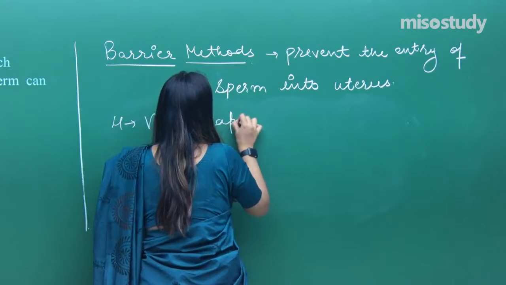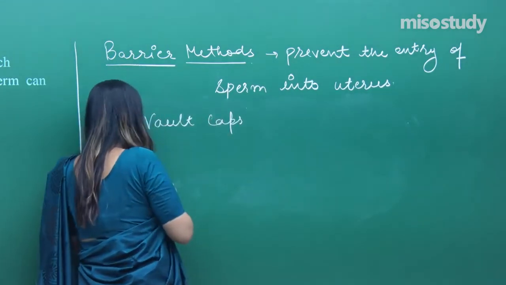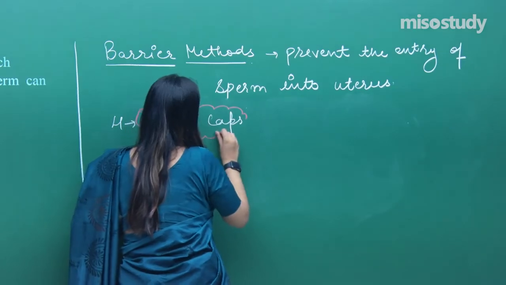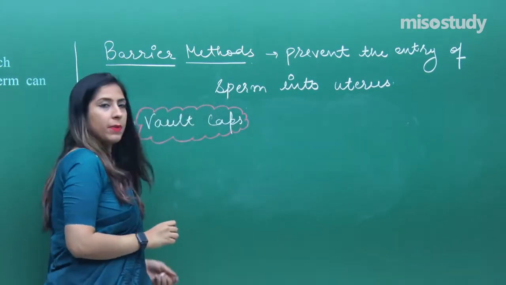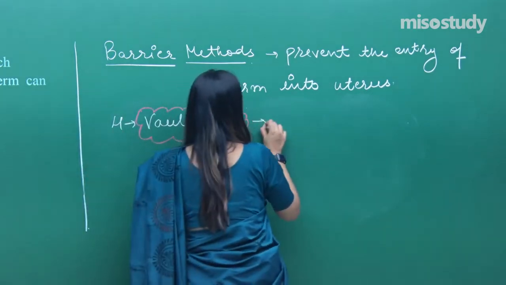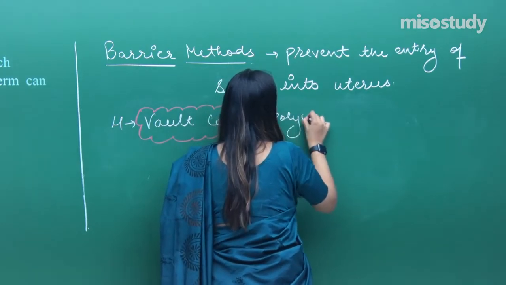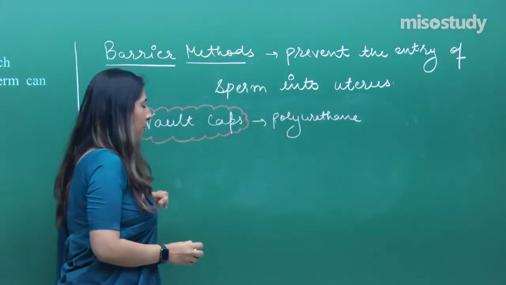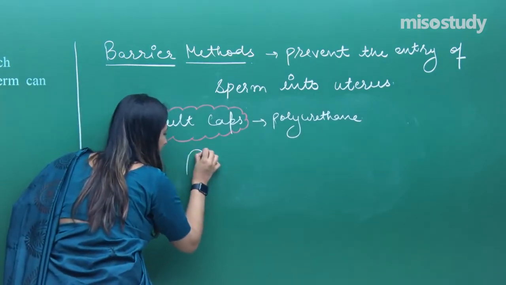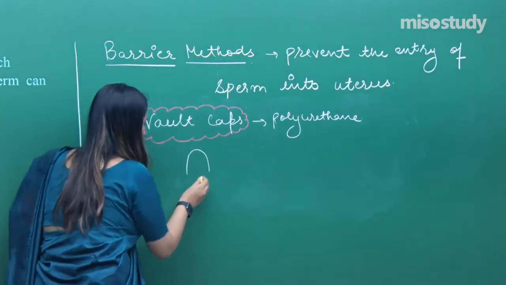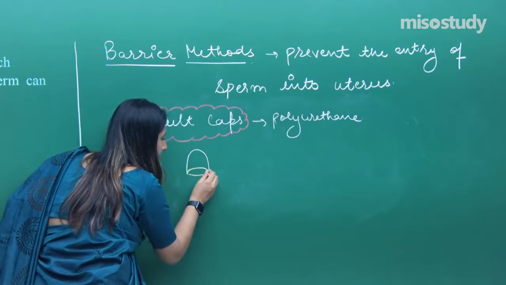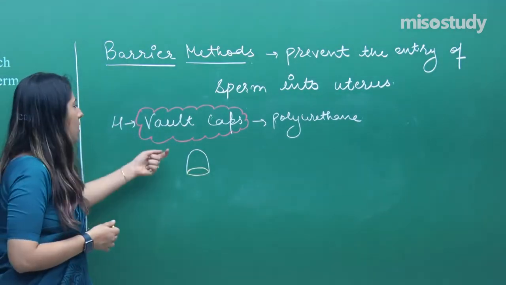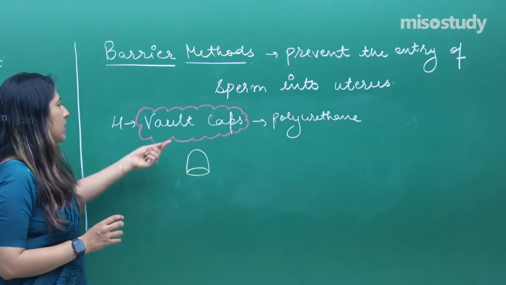Vault caps are also made up of polyurethane. Right? It's like this. It covers the cervix, right? It covers the cervix so that the sperm will not be able to enter into the vagina.